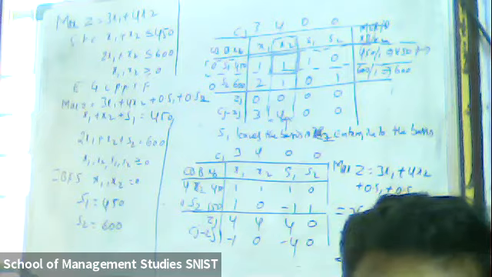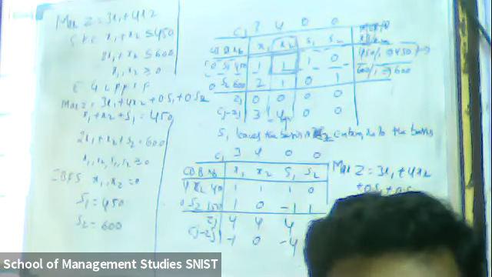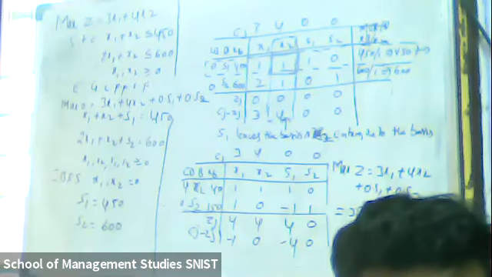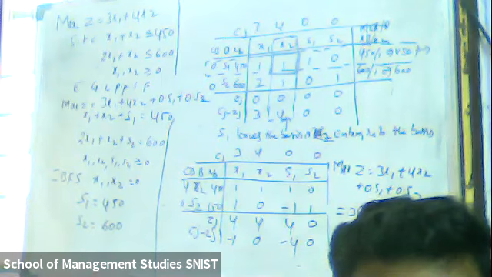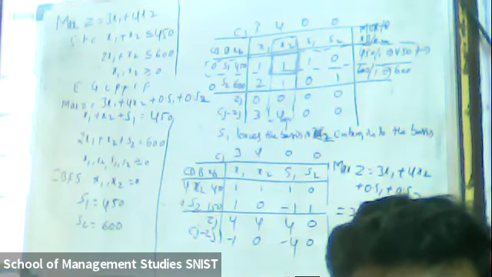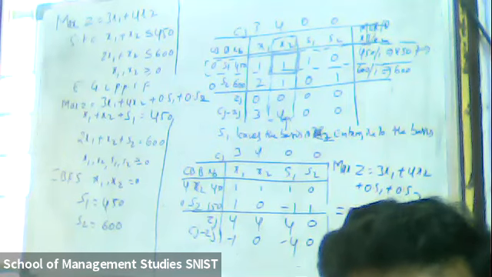But do we have the big M method and two-phase method in your syllabus? I need to check. That is why I asked your faculty name, Venkat Reddy. Let me ask him and check your syllabus.